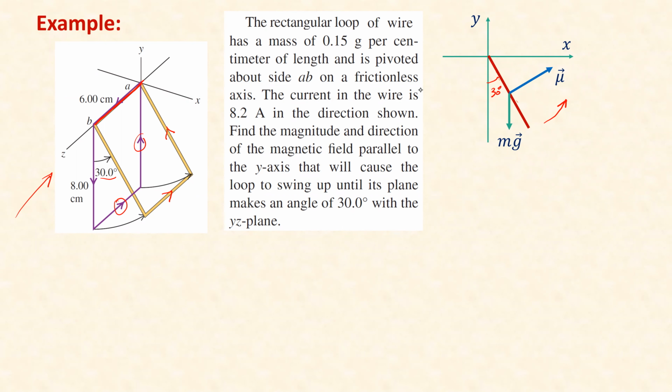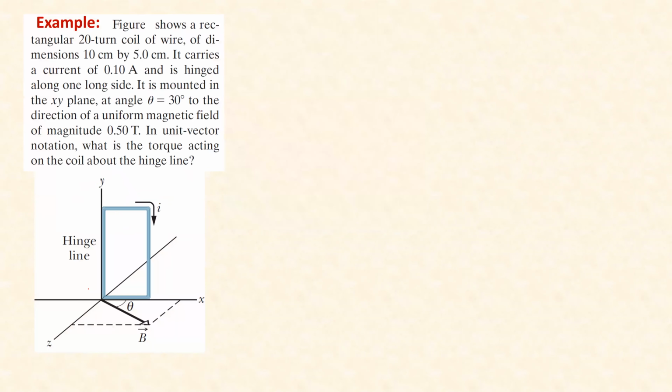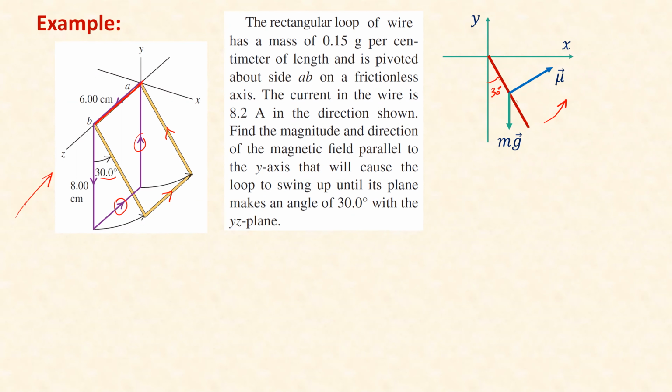Sure. So if you look at it this way, look at the situation along the Z direction. This is what you see. You see the XY plane, and the loop is like that, right?